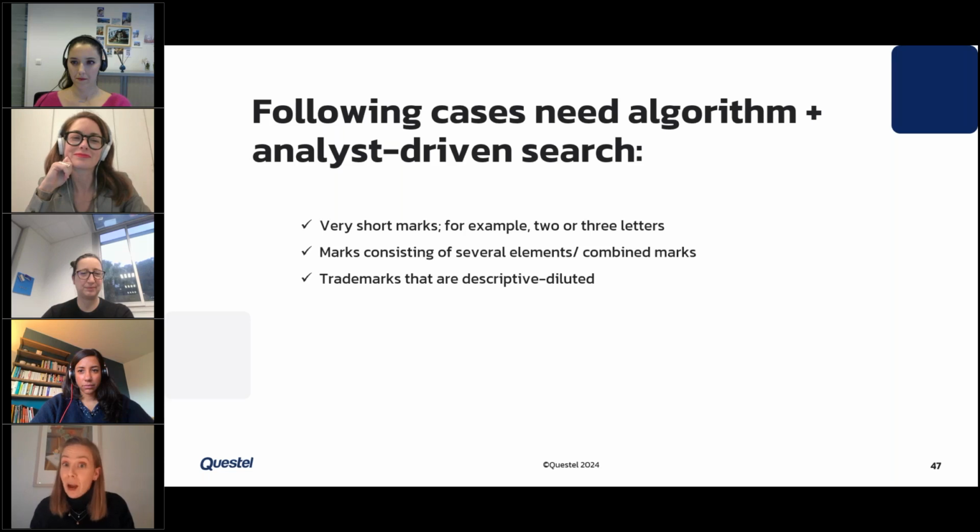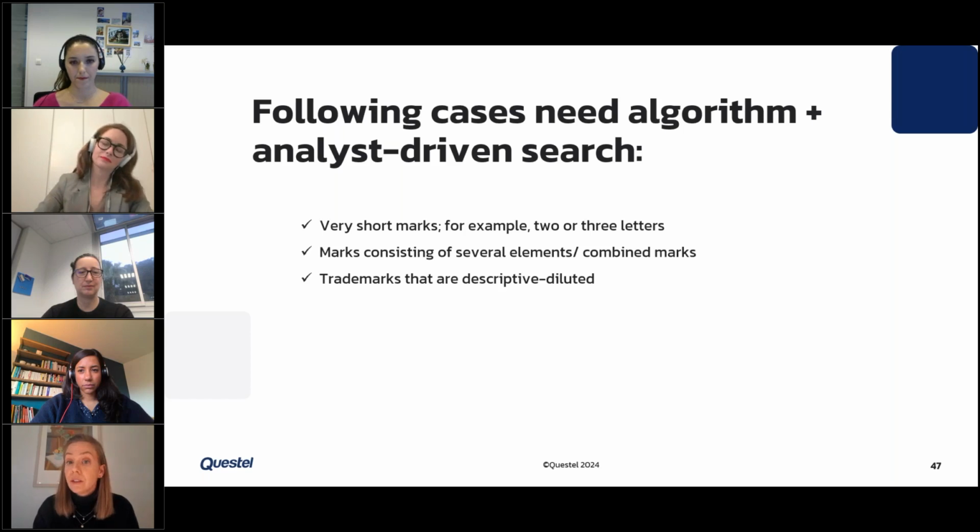Yeah, so within our practice, we use both algorithm searching as well as Boolean searching. And I've noticed that algorithms in general have a harder time when it comes to very short marks, trademarks where you're basically dealing with 2 or 3 letters, acronyms of any sort. Sometimes with an algorithm, it'll be hard to find what is the most relevant.